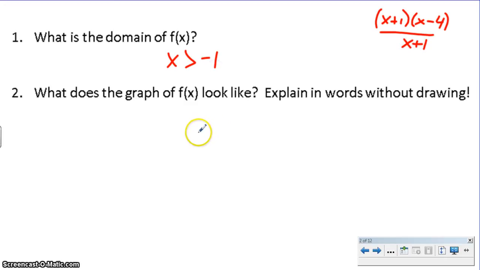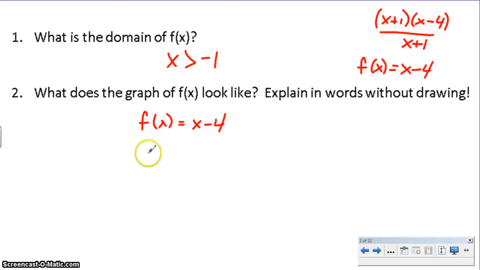And after we simplified, we discovered that our function was then going to be f of x equals x minus 4. So what is that graph actually going to look like? Well, f of x being x minus 4 gives us a nice, pretty linear function.